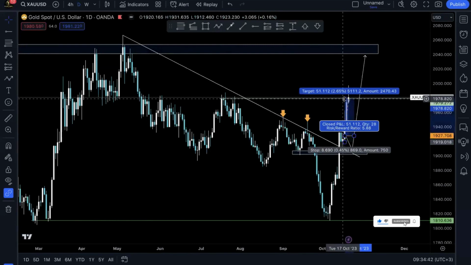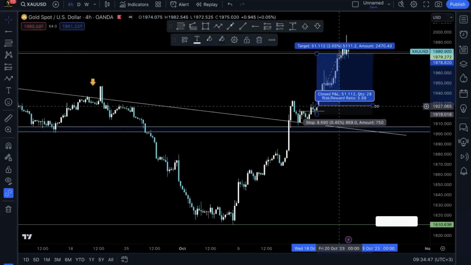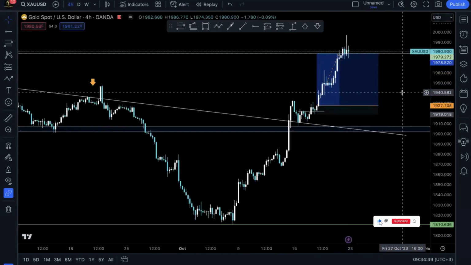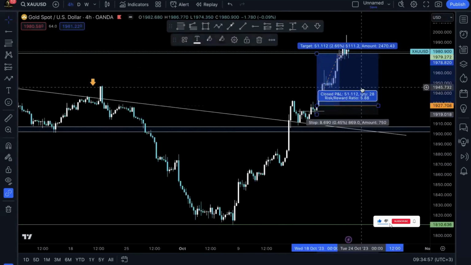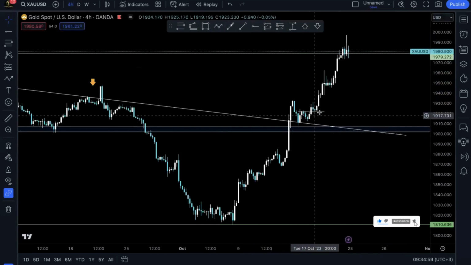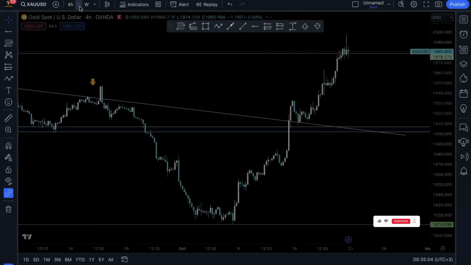So that should have been the trade, giving you a beautiful 1 to 5.8 ratio. So I hope you guys caught this move. If you did, let me know in the comments below how many pips you caught, what risk to reward you took, and how the trade went.